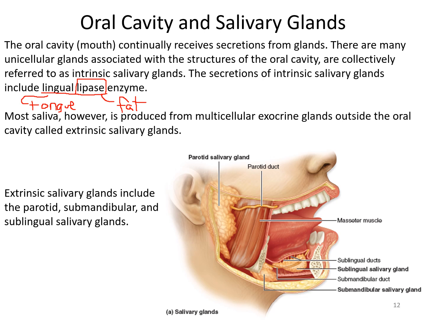The majority of the saliva, however, is produced from these larger multicellular exocrine glands outside of the oral cavity called our extrinsic salivary glands. For the extrinsic salivary glands, we've got the parotid, the submandibular salivary glands, and then sublingual under the tongue.